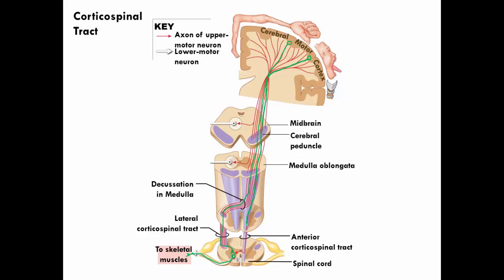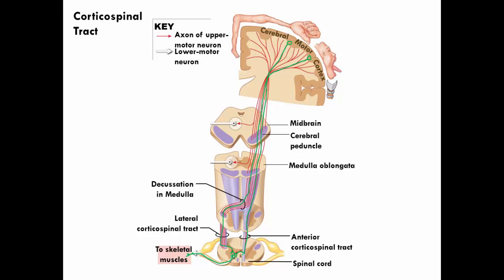inferiorly through the medulla, and when it enters into the spinal cord, it goes into the ventral column of white matter, and through a pathway called the anterior corticospinal tract. Once in the spinal cord, the axon of our upper motor neuron will synapse with a lower motor neuron. And it does typically decussate at this point to do so.